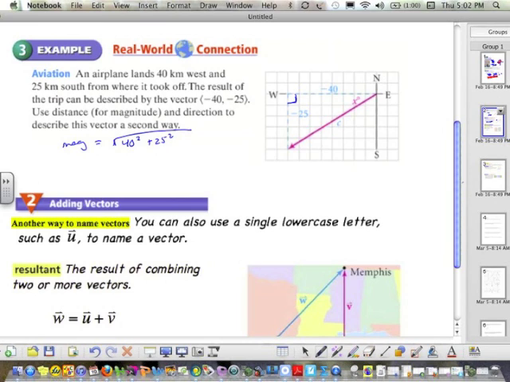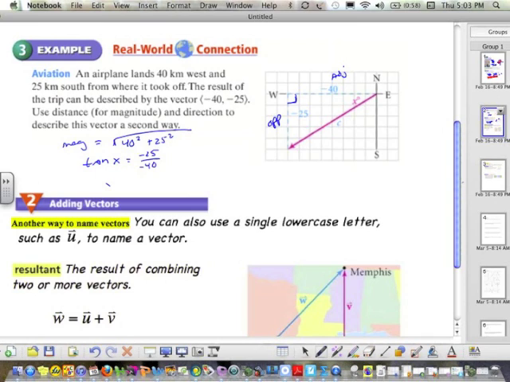That'll be the magnitude. Now, in terms of the angle, I need to find an angle, and I know parts of the triangle. So this would be the opposite. This would be the adjacent. So for this one, we're talking about tangent. So I can write a little trig thing that says the tangent of x is the opposite over the adjacent.